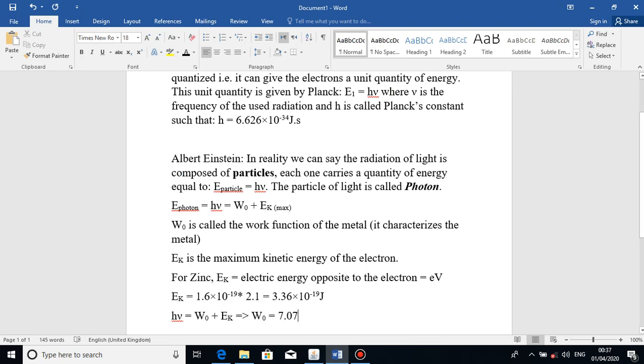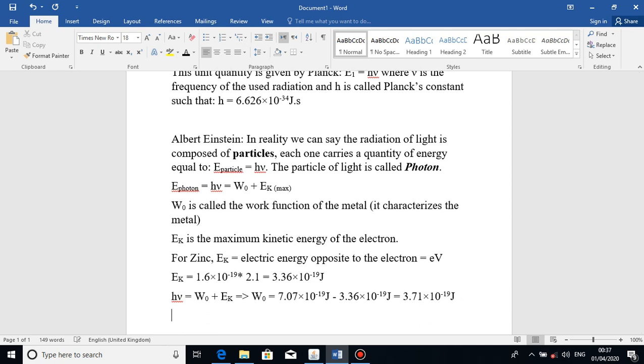which is 7.07 times 10 to the power negative 19, minus this number 3.36 times 10 to the power negative 19, which is equal to 3.71 times 10 to the power negative 19 joules.